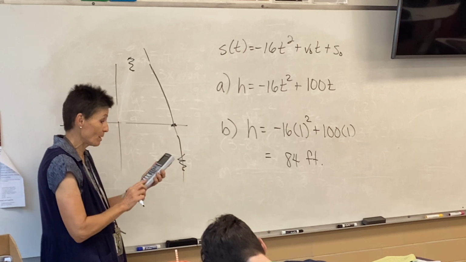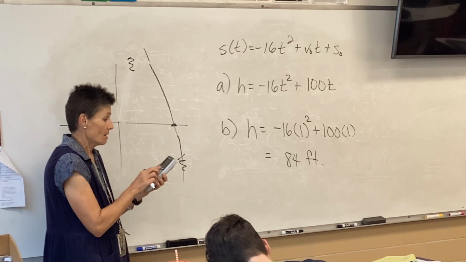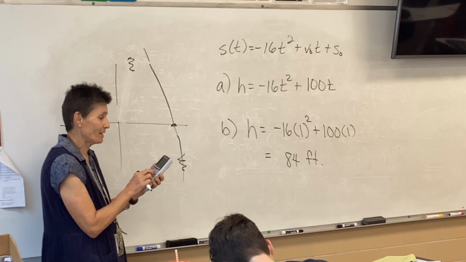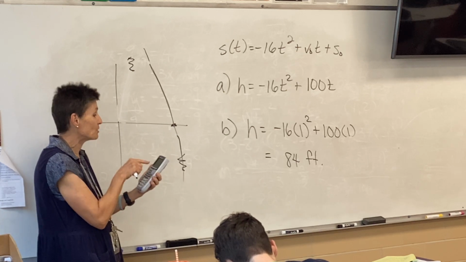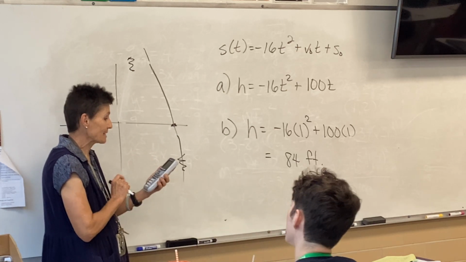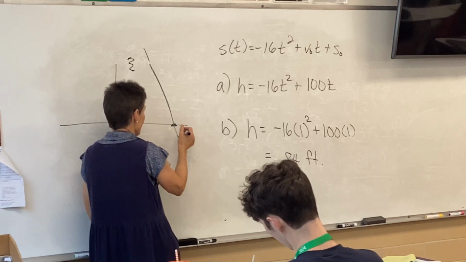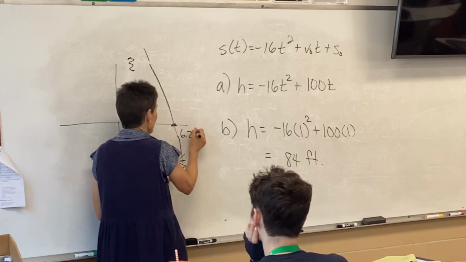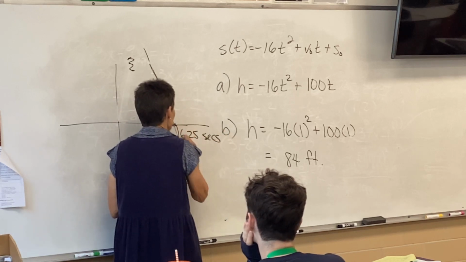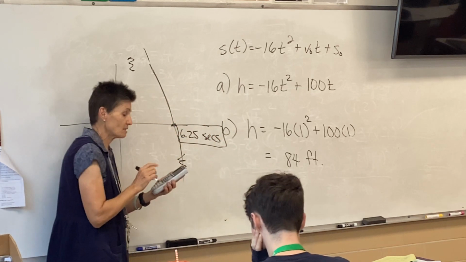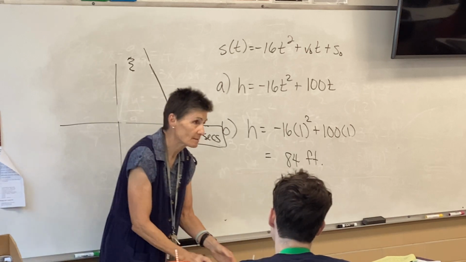That's where I need to be. Press enter. Then I need to move it up a little bit. I still don't see it. Oh yeah, I do. There it is. I see it. Press enter. What did you get? I got not a whole number, but a nice number. What did you get? 6.25. 6.25 seconds. That's what goes in the answer.